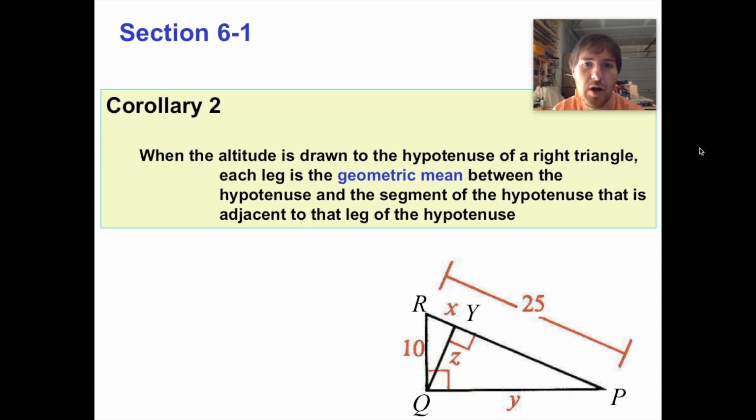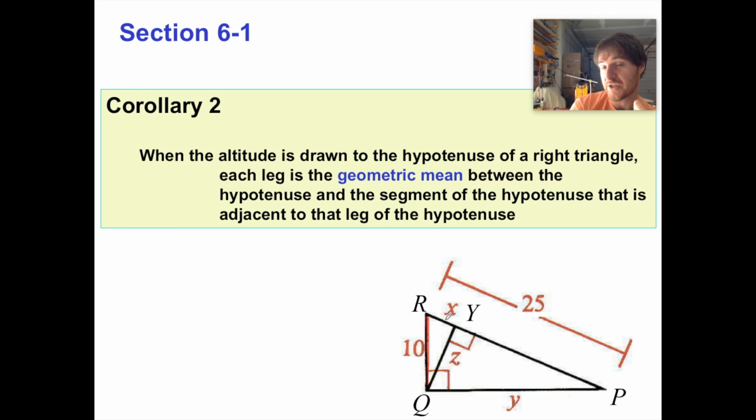When the altitude is drawn to the hypotenuse of a right triangle, each leg is the geometric mean between the hypotenuse and the segment of the hypotenuse that is adjacent to the leg. So if we're going to look at this one here, each leg, we're going to look at 10 here. What do we know about 10? 10 is a hypotenuse of the smaller triangle, but it's also the smallest leg of the largest triangle.